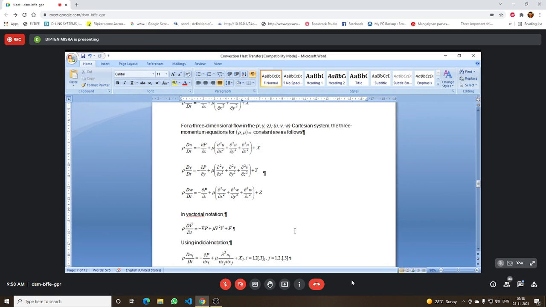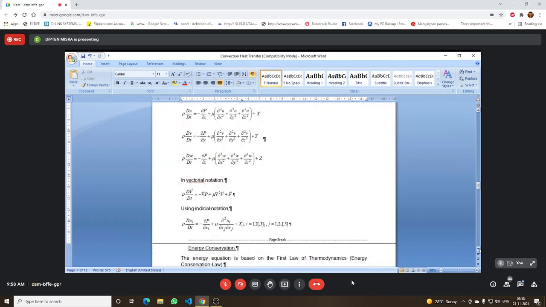And in a tensorial notation or indicial notation, we can write it as rho into ddt of ui, where this i can vary from 1 to 2 for a two-dimensional flow case, and it will vary from 1 to 2 to 3 for a three-dimensional flow field. And this will be del p del xi, whatever the value of i, here it will be that same value of i.